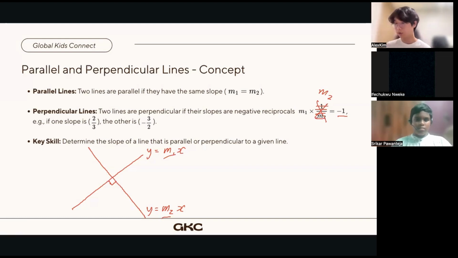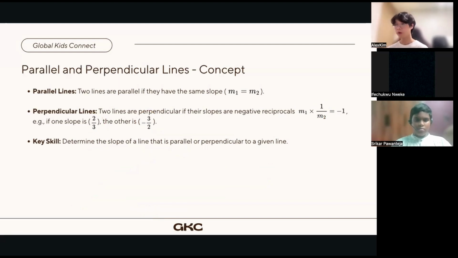For example, if one slope is 2 over 3 and the other slope is -3 over 2, if we multiply these two, we can cancel out the 3s and the 2s to get -1. Therefore, we know that if the slopes of two lines are 2 over 3 and -3 over 2, then they will be perpendicular.